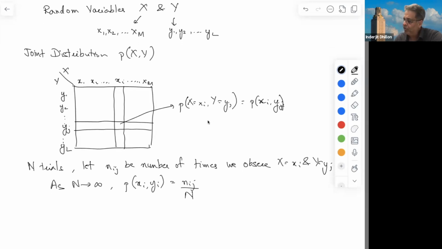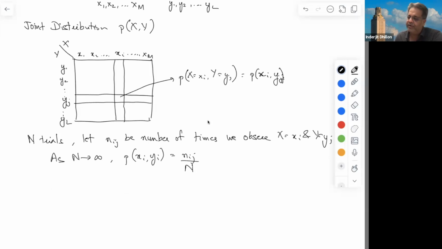So when we are talking about random variables, there are two important concepts. One is called the marginal distribution. Even though I have a joint distribution, I might be interested in P of x equal to xi. So I'm marginalizing over all the y outcomes. That's why this is also called the marginal distribution.